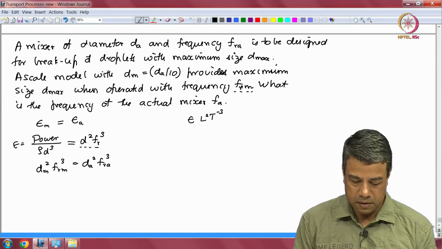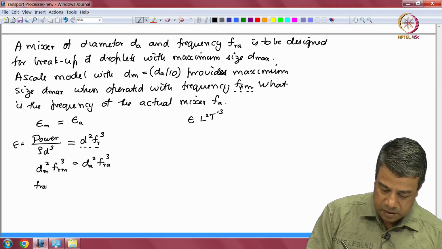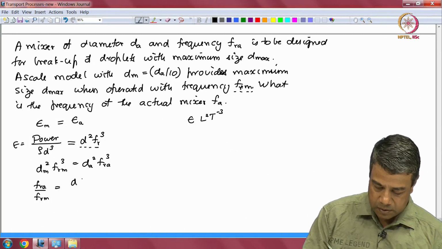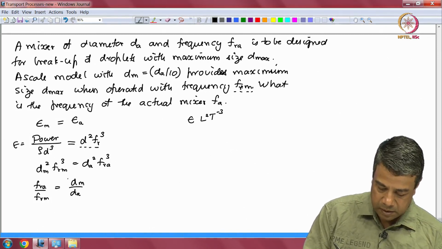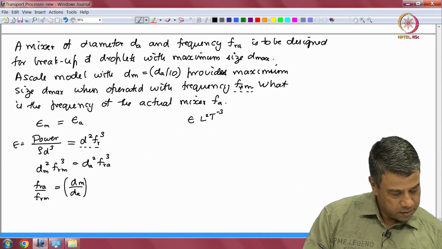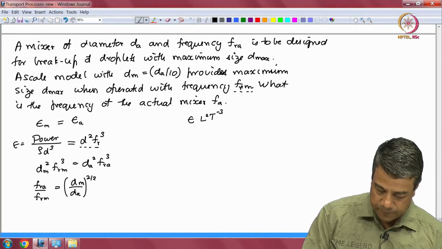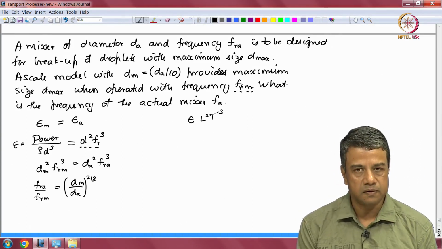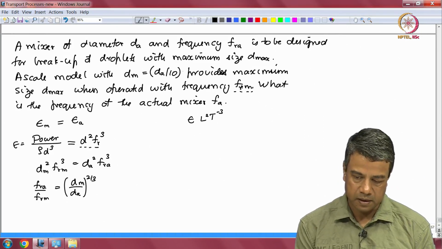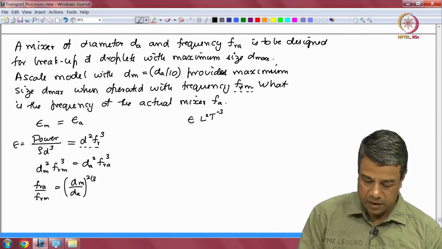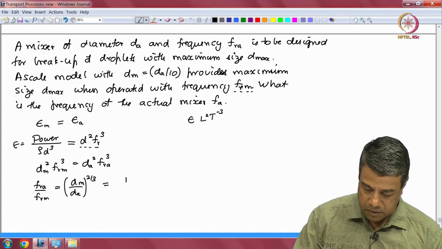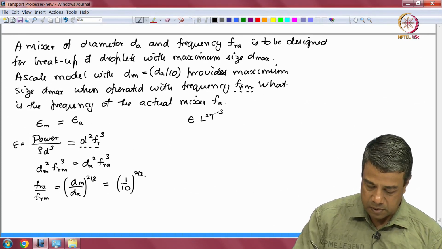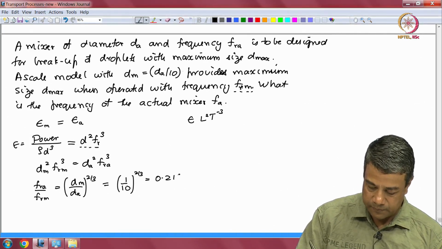Which means that the frequency of the actual reactor by the frequency of the model reactor has to be dm by dA whole power 2 by 3, which in this case is equal to 1 by 10, because the model reactor has 1/10 the diameter of the actual reactor, power 2 by 3, which is equal to 0.215.